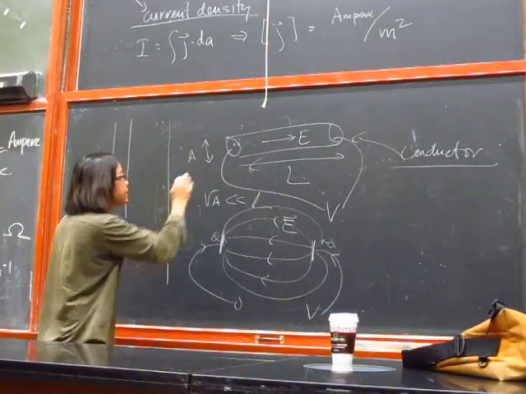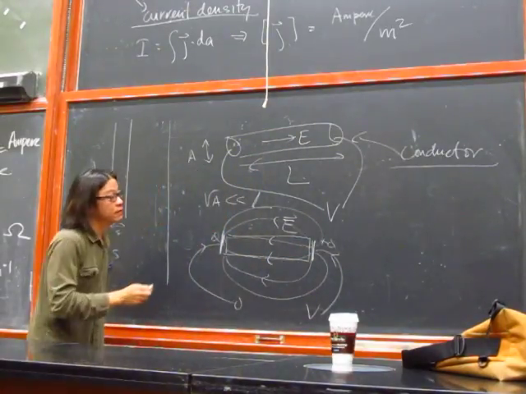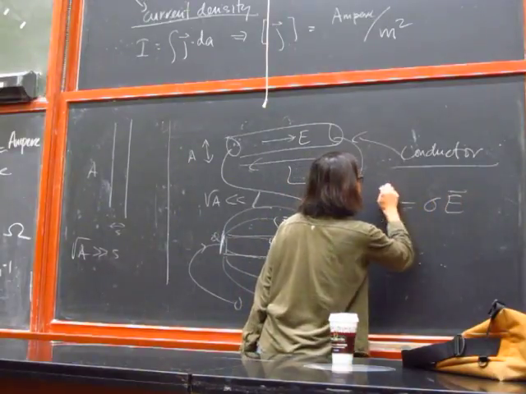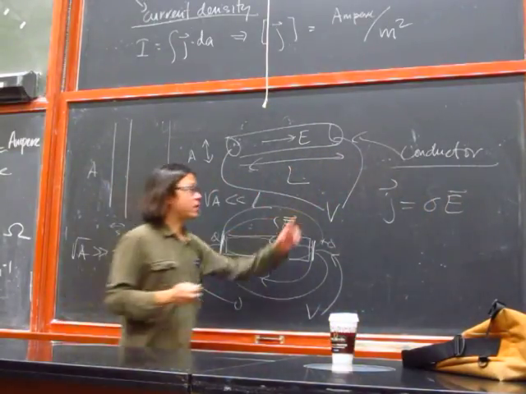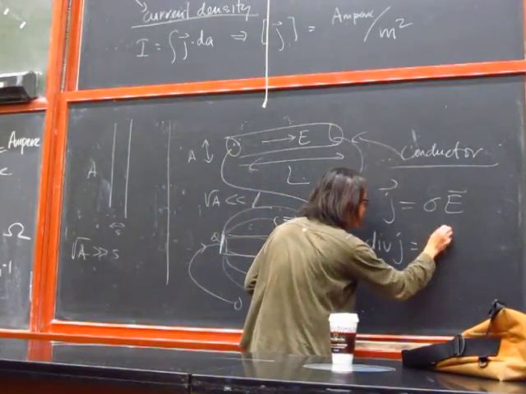But in this case, you actually have a material of a certain conductivity, and J is given by sigma E. And this has a property: in a steady state, divergence of J is equal to 0.